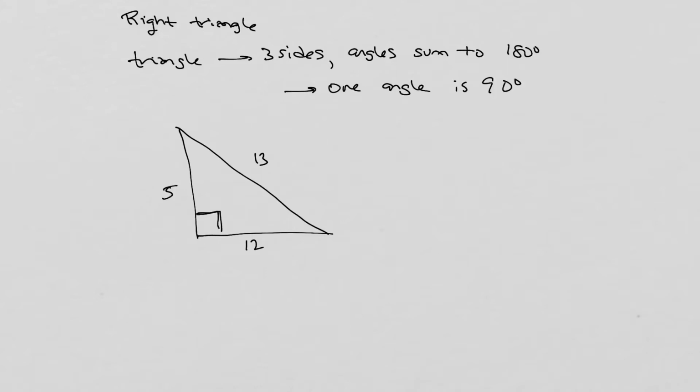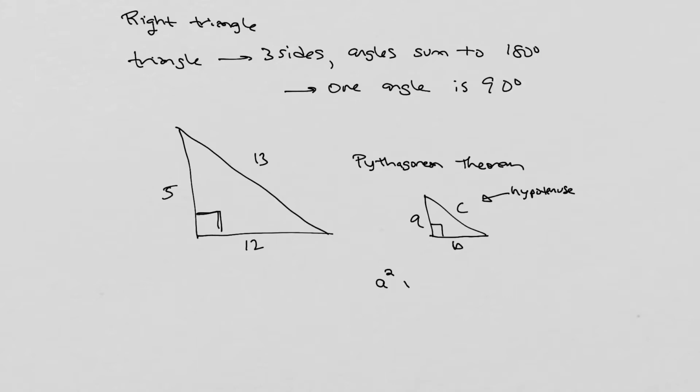Of course, if you have a right triangle, then you can use the Pythagorean theorem, which says if I have a right triangle where there's my right angle and I have these sides A, B, and C, where that longest side is the hypotenuse, then as long as you've got a right triangle, A squared plus B squared is going to be C squared.